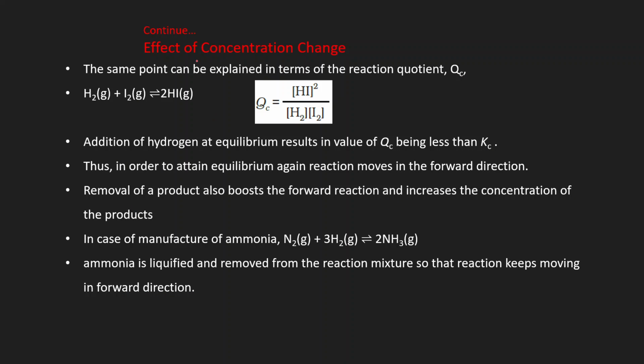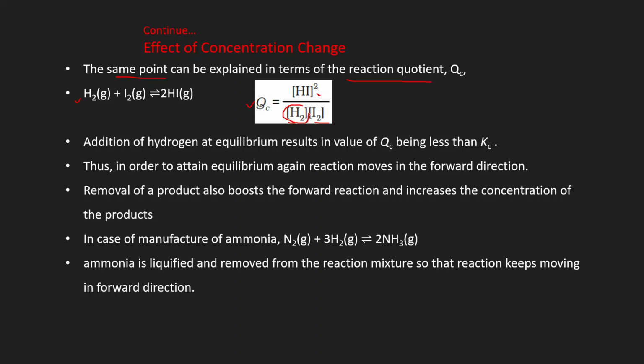Now, the effect of concentration change can also be explained with the help of the reaction quotient. The same point can be explained in terms of the reaction quotient, that is Qc. For this reaction, if we write the expression of Qc, then it is the concentration of HI squared divided by the concentration of H2 and I2. Now we have added H2.